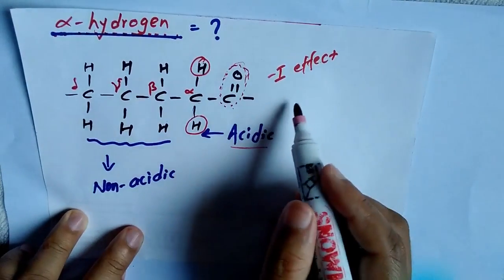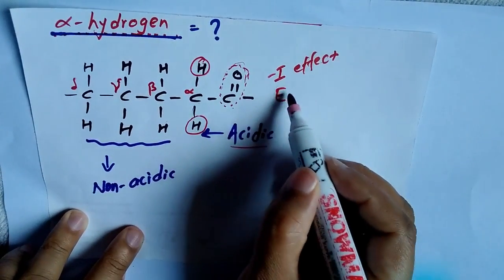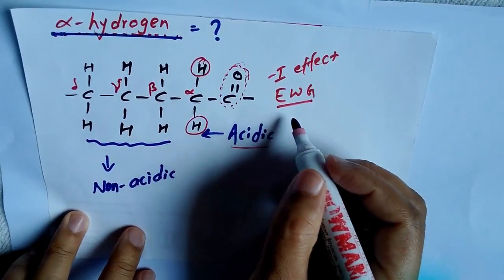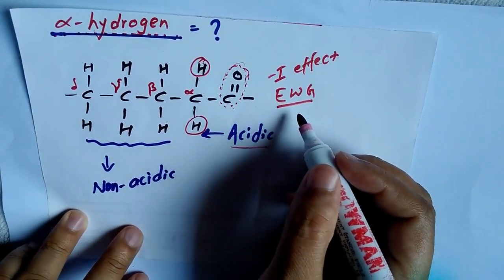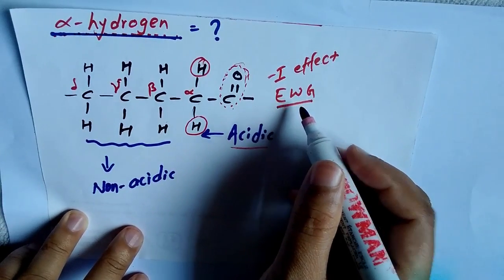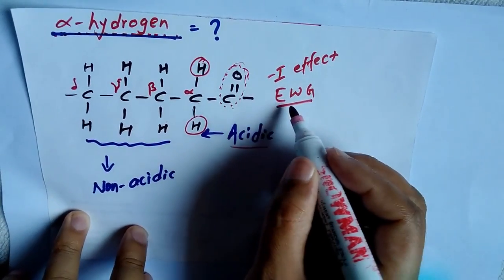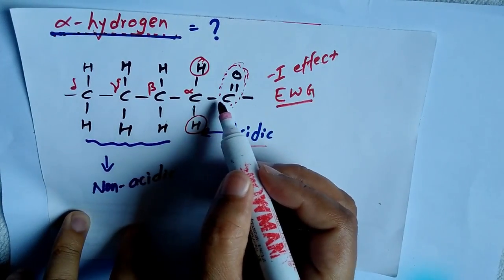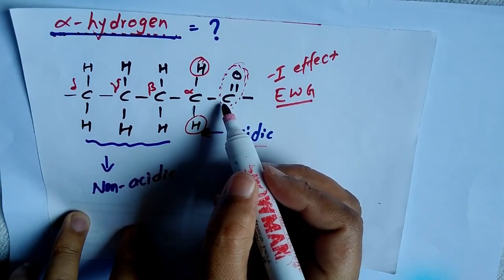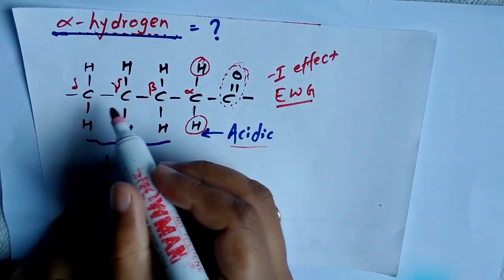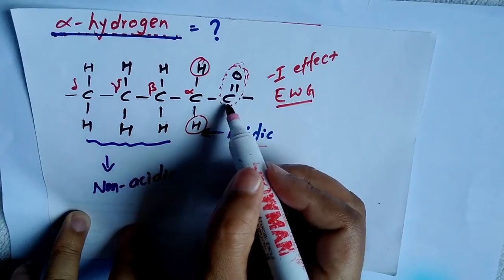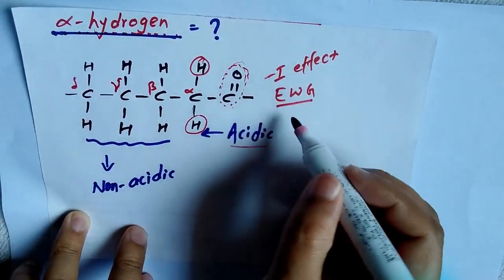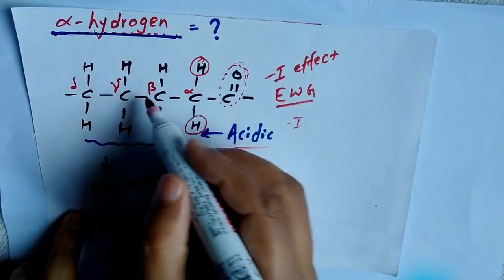An electron withdrawing group attracts electrons towards itself, so acidic strength increases. The alpha carbon is directly bonded with the carbonyl group, while beta, gamma and delta are far from this electron withdrawing group.